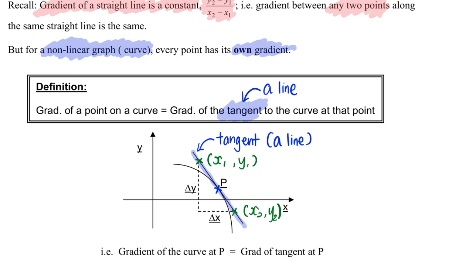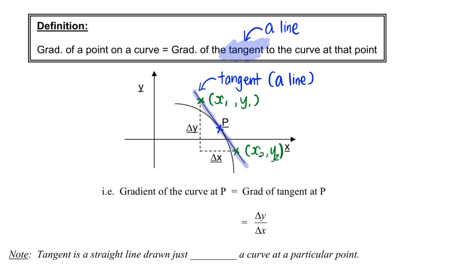This part here is simply talking about the change in y, which is the vertical change, and this part here is the horizontal change. So we can find the change in y over change in x.